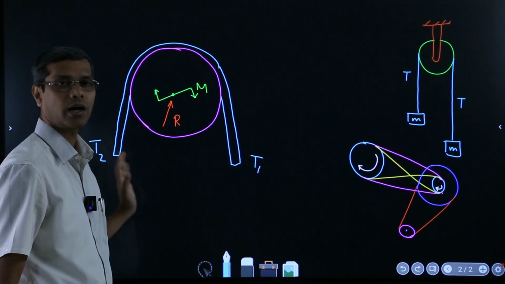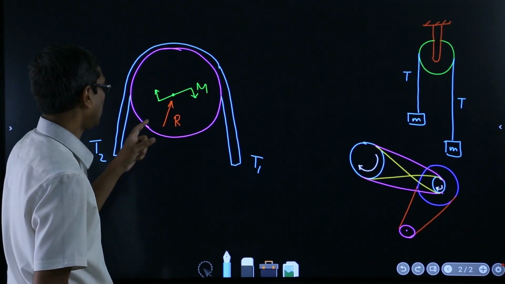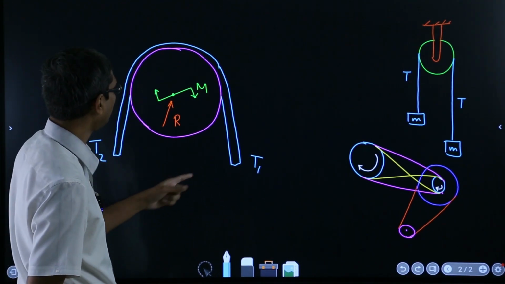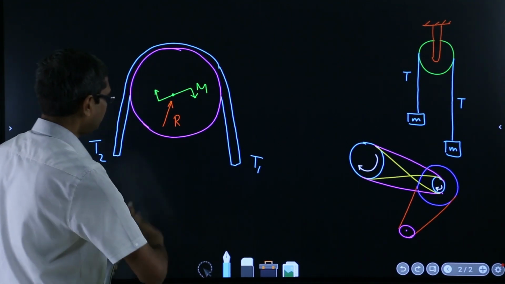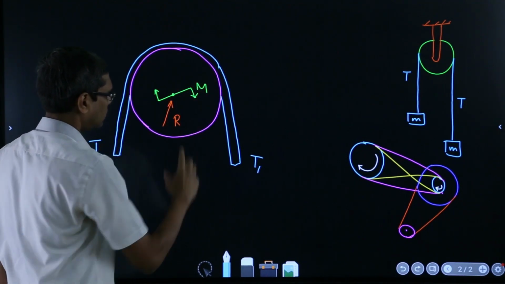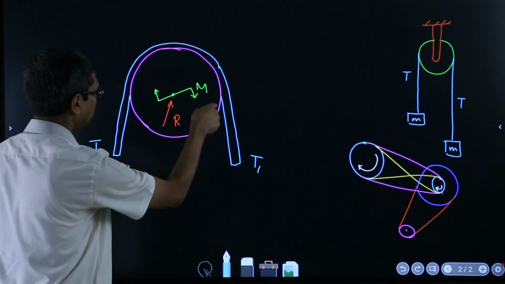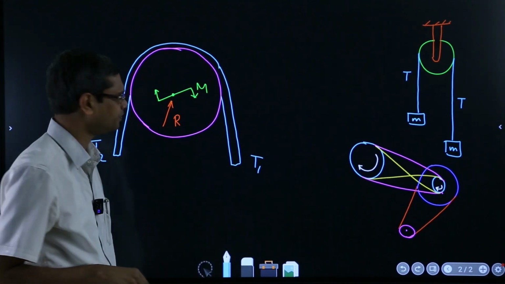Now the tensions are different, T1 and T2, and they are required because if you take a moment about this point, suppose this is just about to slip on that surface, that means it is just on the balance.